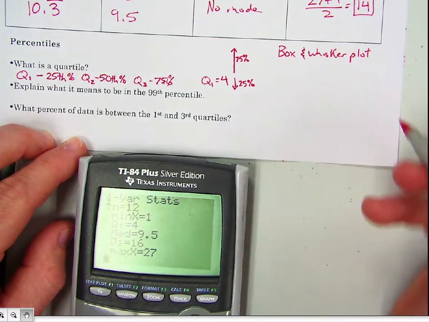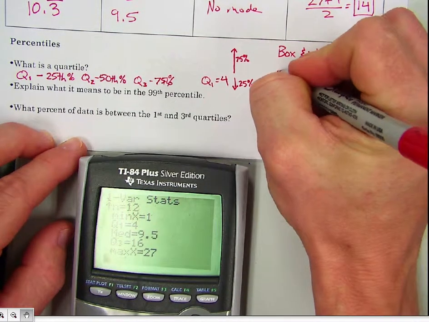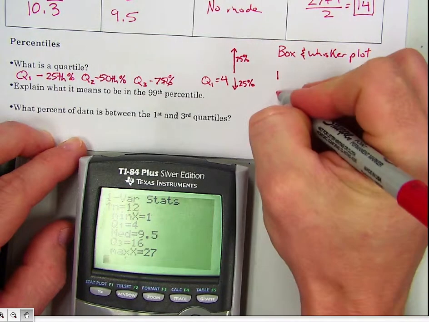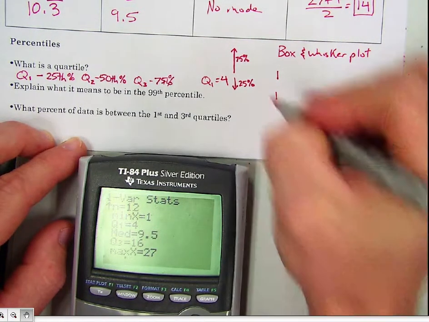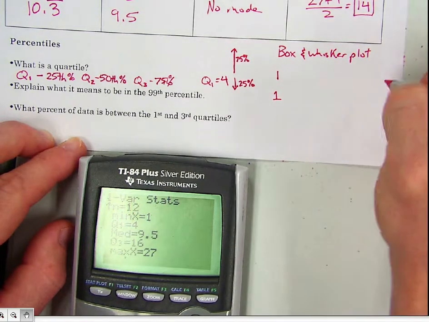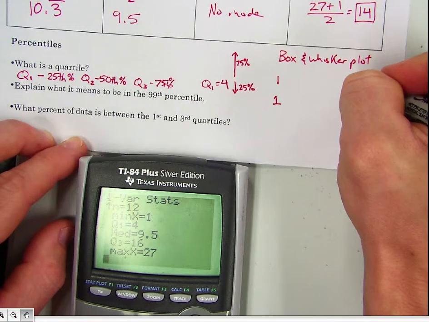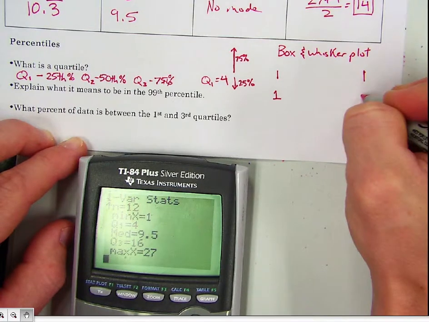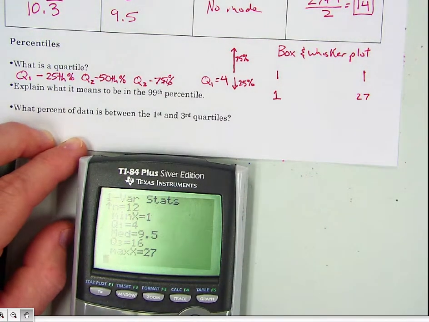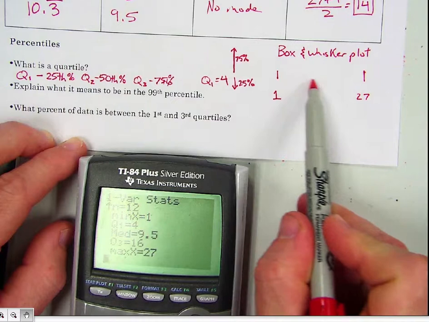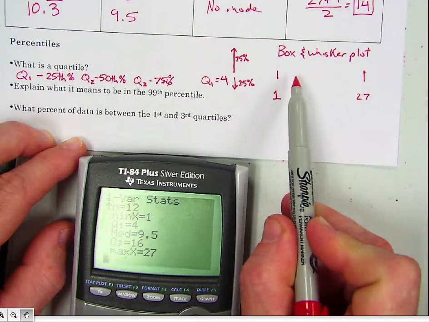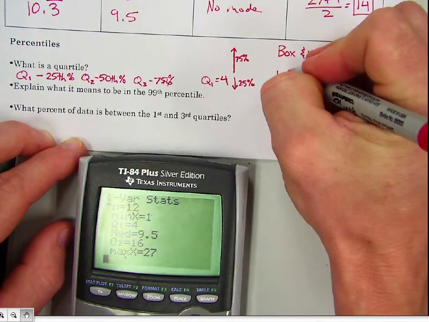And what that's going to do is it's going to take our lowest number right here at 1. And then it's going to go all the way up to our upper number, which is 27. And then it's going to place a box starting at quartile 1. So let's just kind of estimate where the number 4 would be. Somewhere in here, right?